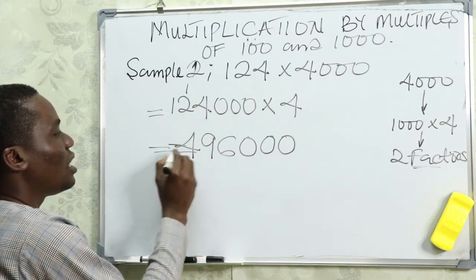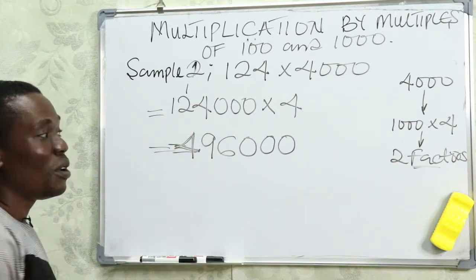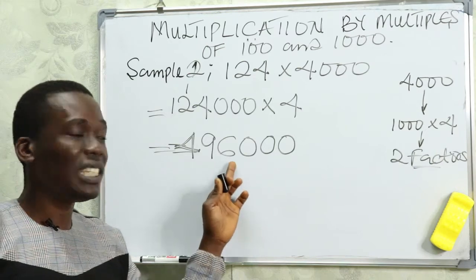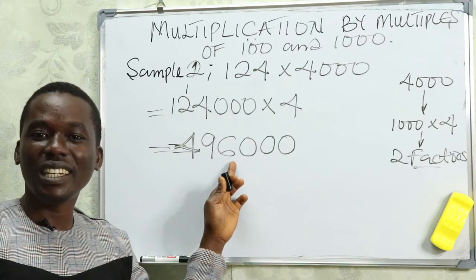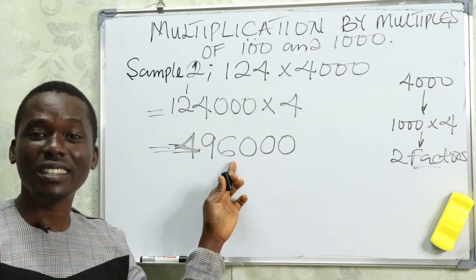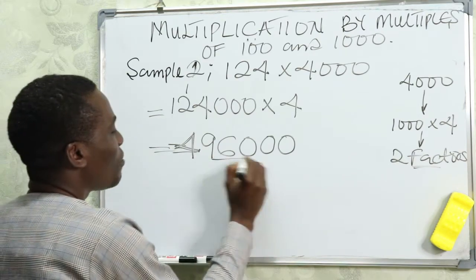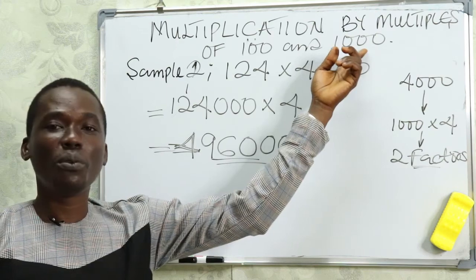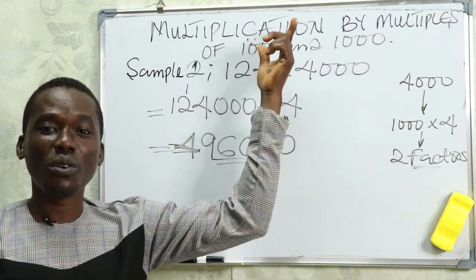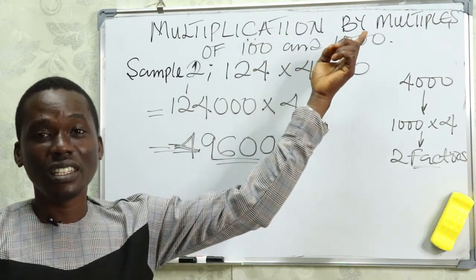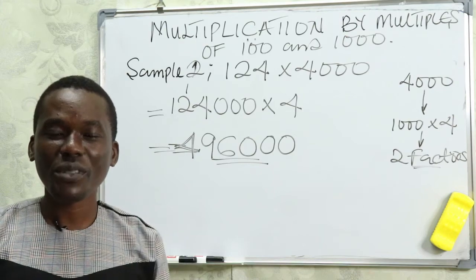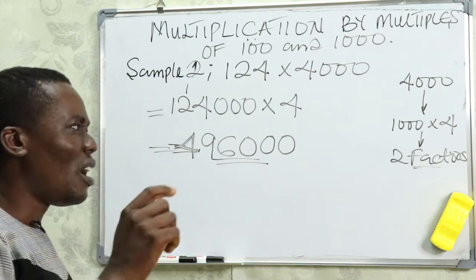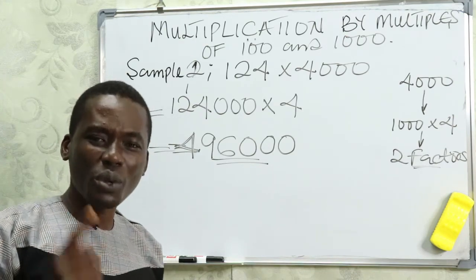So you see that your result will give you 496,000. So you see how easy it is to multiply values when given multiples of 10, 100 and 1000.